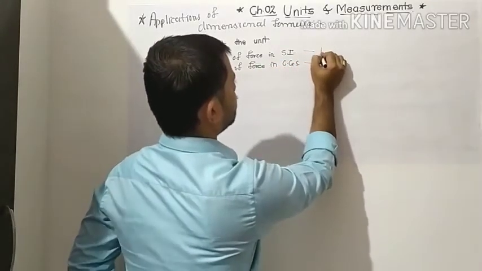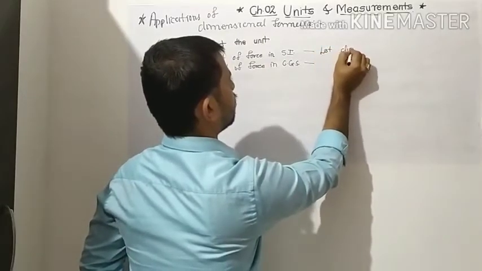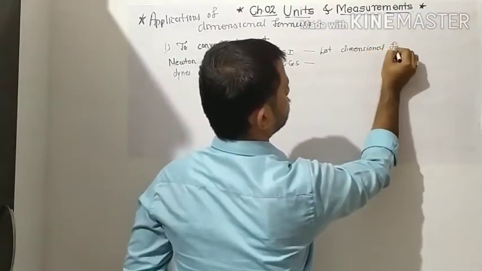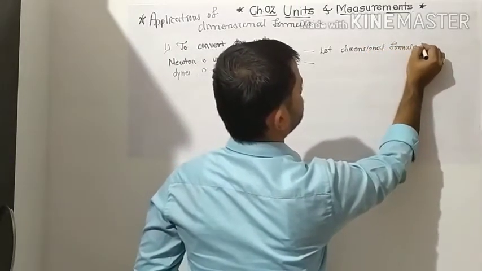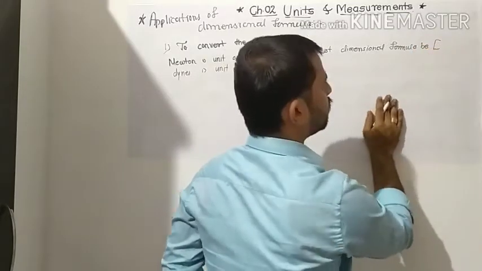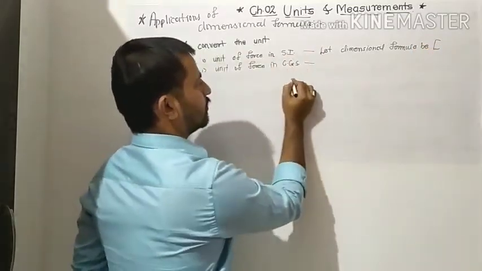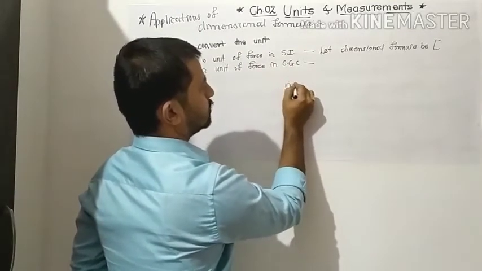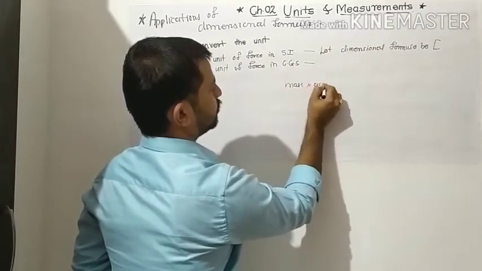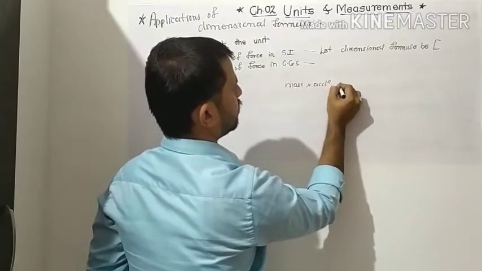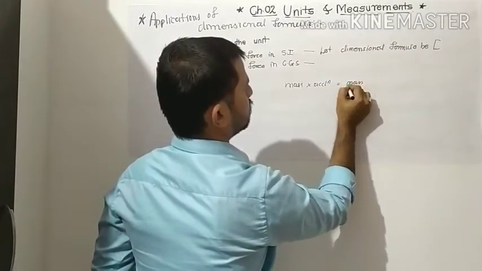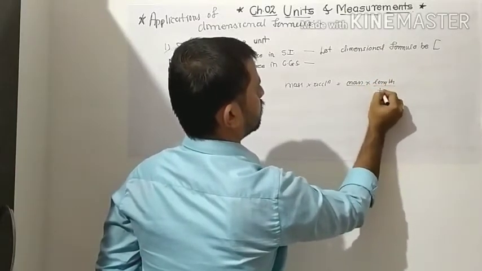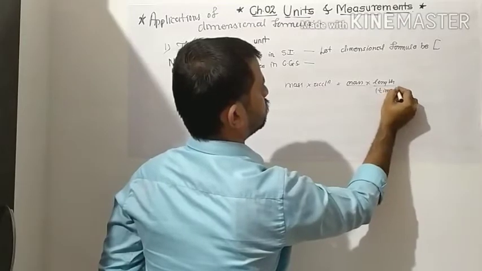Then let the dimensional formula be, what is the dimensional formula for force? It is mass into acceleration. That is, we can write it as mass into length upon time raised to 2.